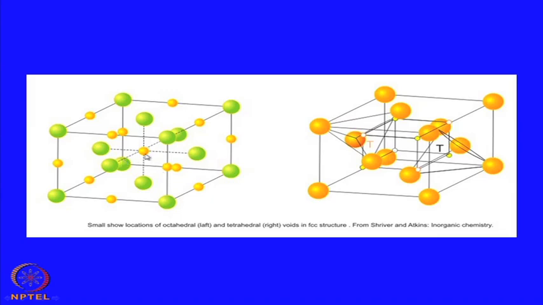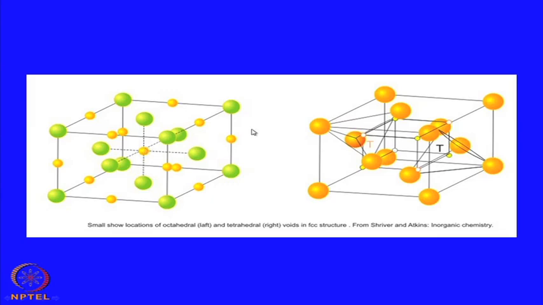And in addition, we have also seen that at the center of this particular cube you have another site. This site is completely inside this unit cell, it is not being shared by any neighboring unit cells. Okay. So, this is 1, its contribution is full.